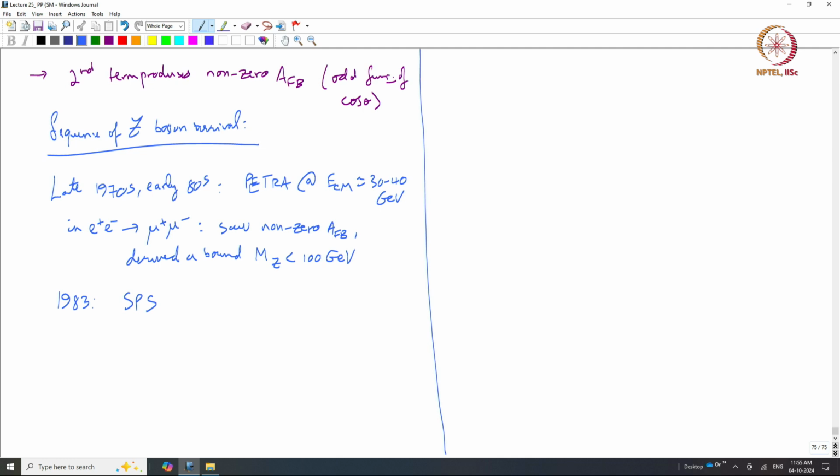And a gentleman called Carlo Rubbia explicitly built this because they knew that the Z boson had to be less than 100 GeV. So he commissioned building a proton antiproton collider to go all the way to 100 GeV, and just like that they did find the Z boson.